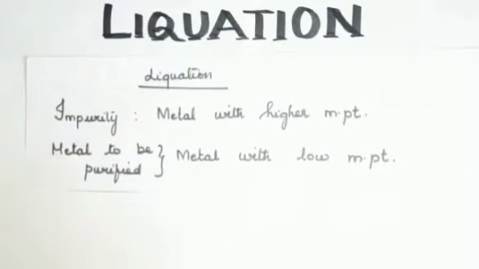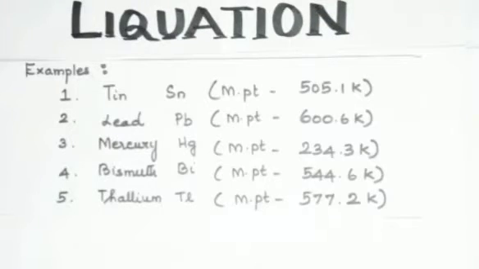The molten metal is collected and solidified. For example, tin, lead, mercury, and bismuth are purified by this process.